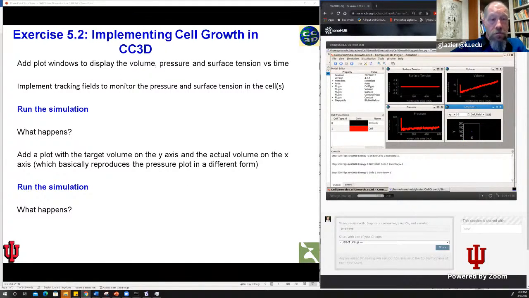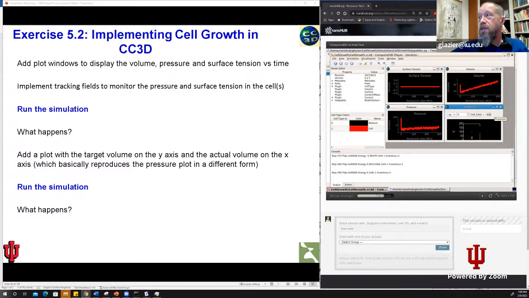Okay, so does anybody want to tell me what you see when you run the simulation? In the interest of time, let's skip this plotting the target volume versus the actual volume. That's something you can add yourself, and it basically is another way of monitoring the pressure.